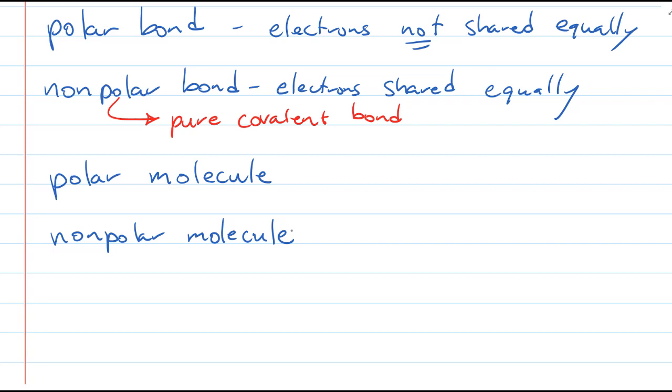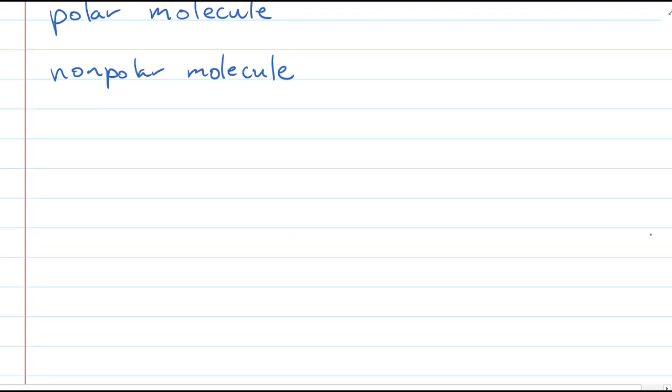I could give you definitions of these, but I think these are best done by example. So we're going to look at some structures. We're going to start with NCl3, and we'll have NCl3, Cl2, and HCl to begin.